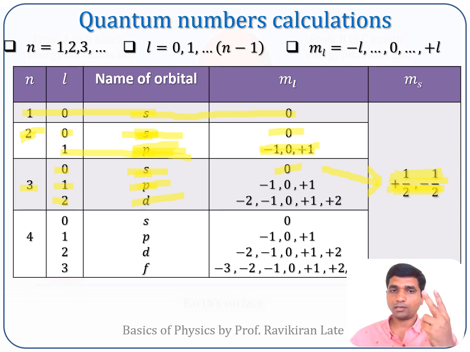The p orbital has L equal to 1, so it leads to ml equal to -1, 0 and +1, which leads to plus half and minus half spin quantum number. So 3 suborbitals with plus half and minus half, so totally 6 electrons can be occupied in the p orbital.